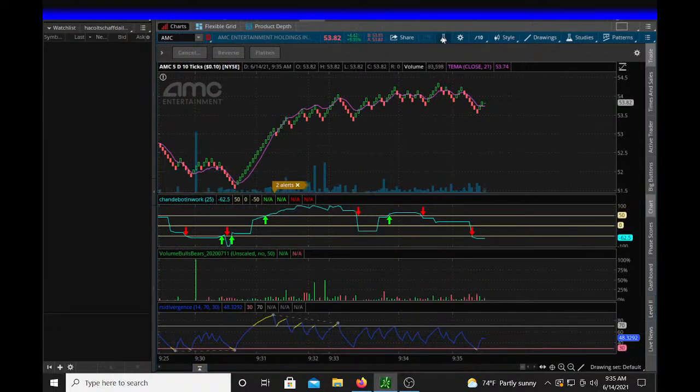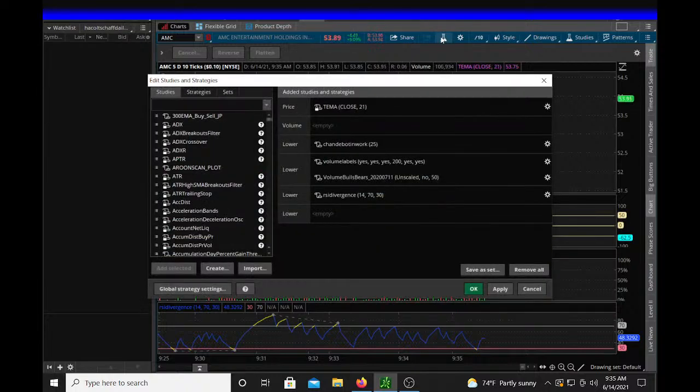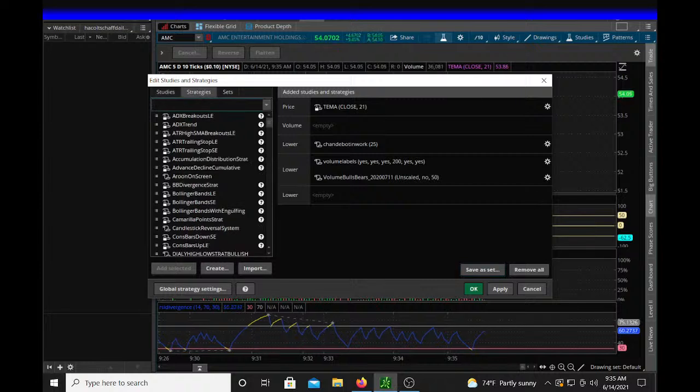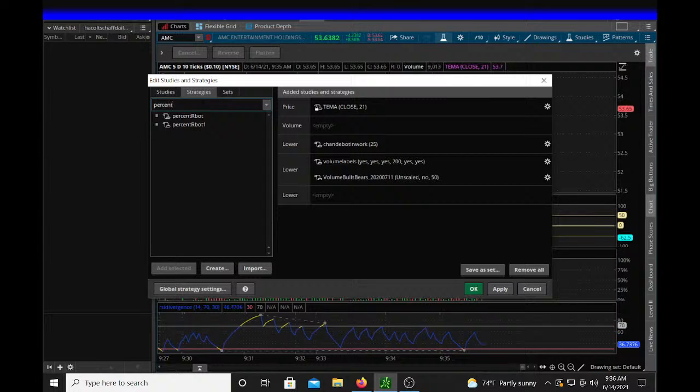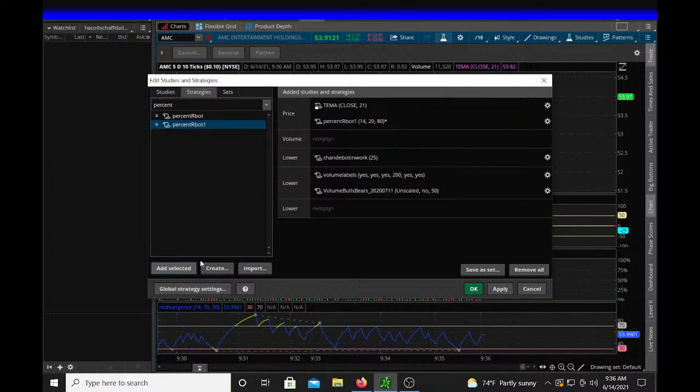All right, now I want to pull out, we see this RSI divergence. Now let's pull out our percent R, or I wonder if I can just pull out the bot. Percent R bot. All right.